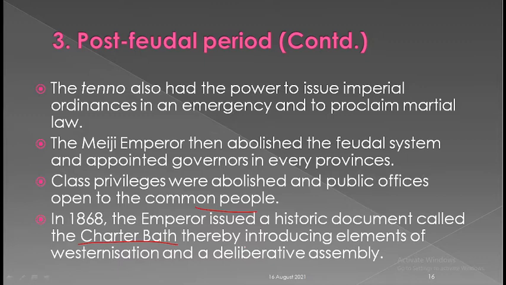And with the influence of Western civilization, or westernization, class privileges were abolished and public offices, or government jobs, were open to the common people. In 1868, finally, the emperor issued a historic document called the Charter Oath, which introduces elements of westernization and a deliberative assembly.